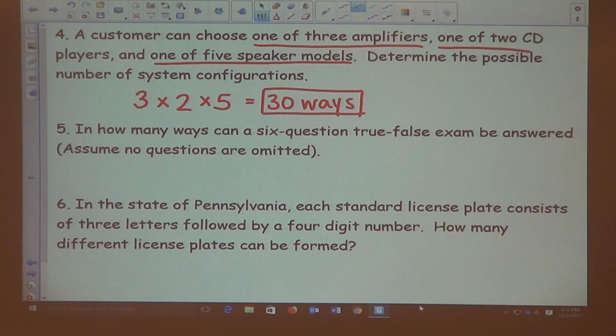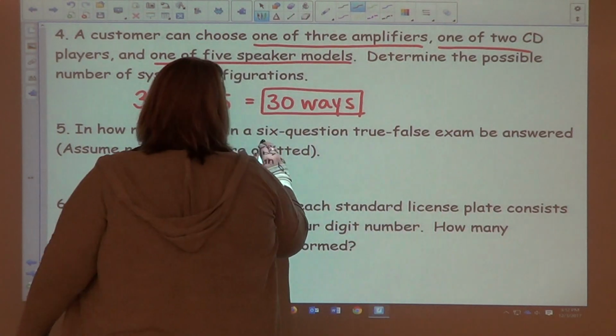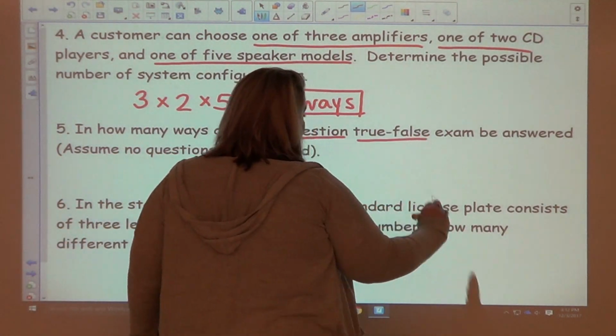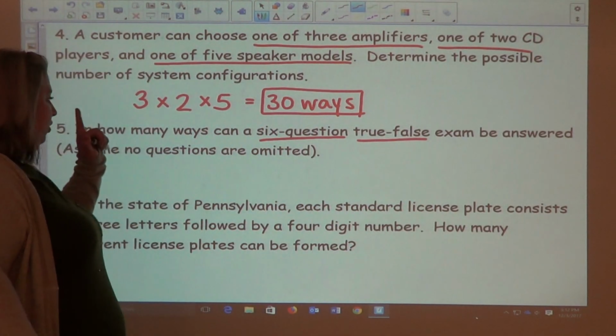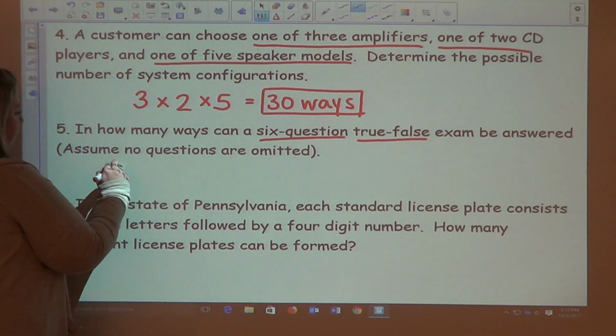Okay, number 5, how many ways can a 6-question true-false exam be answered? Assume no questions are omitted. Omitted means you can't leave anything blank. So nothing's omitted. We're answering every single question. So I have 6 questions, and I have 2 options for each question. For the first question, I have 2 options.